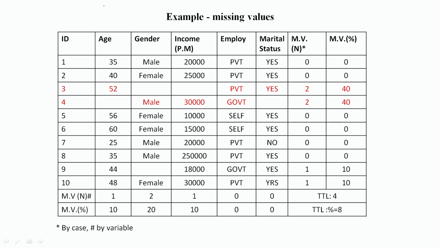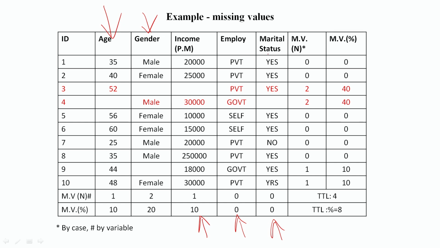The respondent's age is presented in the second column. Gender is specified in the third column. Like that, monthly income is in the fourth. Employment features are in the fifth. Marital status is next. So what are the variables here? Age, gender, income, employment, marital status.